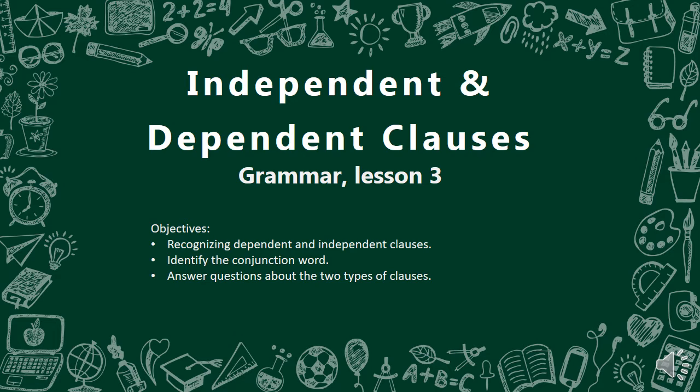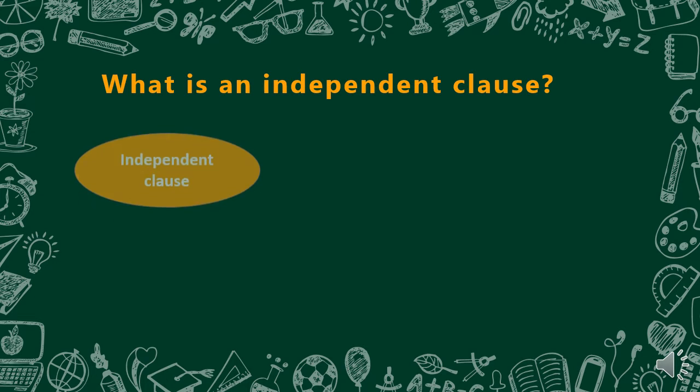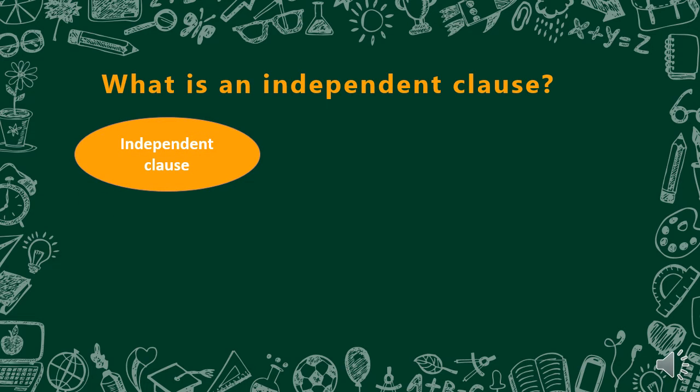By the end of this lesson, you should know what an independent clause is. So what is the meaning of this? We have two main types of clauses we're going to study in this lesson.